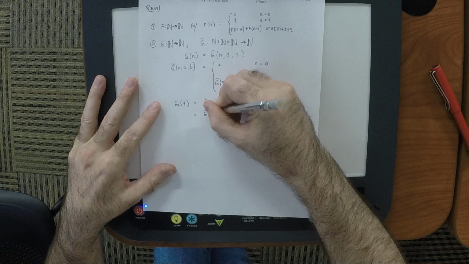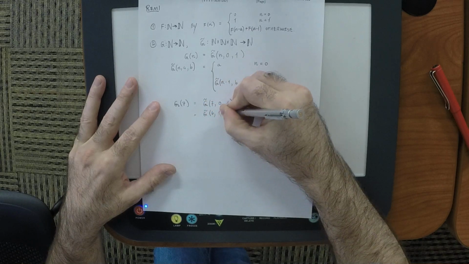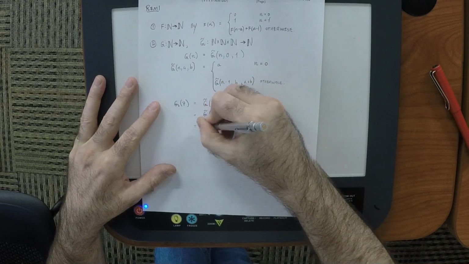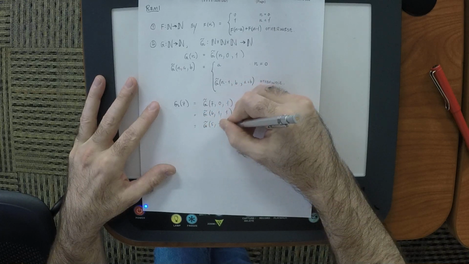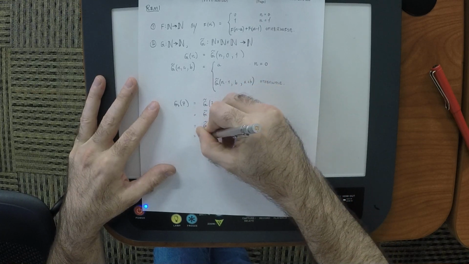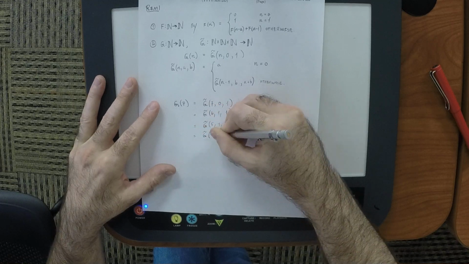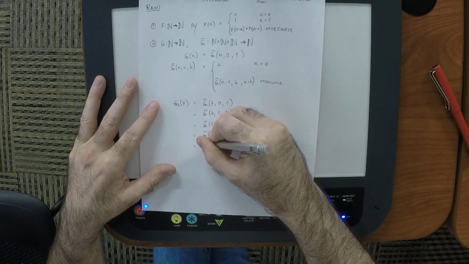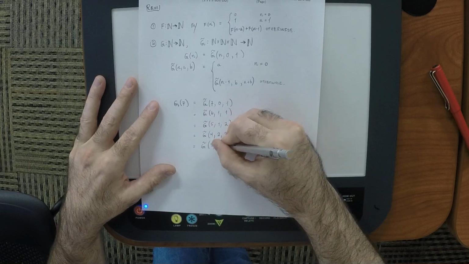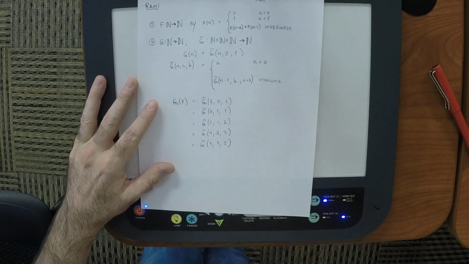Okay, so then this will be G tilde evaluated at 6, 1, 1, G tilde evaluated at 5, 1, 2, G tilde evaluated at 4, 2, 3, G tilde evaluated at 3, 3, 5.